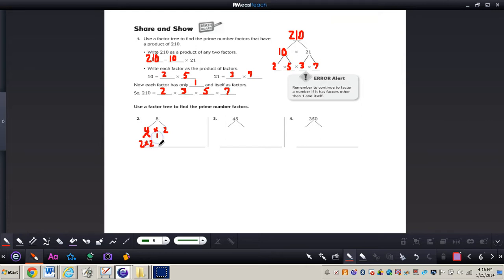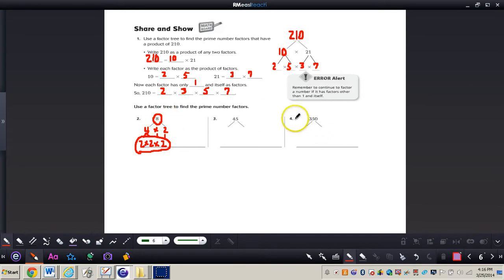We will drop the multiplication sign. We'll drop the 2 that we did not use. And then we can see the prime number factors for number 8. 2 times 2 times 2 equals 8. Now there's a way to check this if you want to get your calculator out. Just multiply all these prime numbers together and it has to give you the number that you started out with.